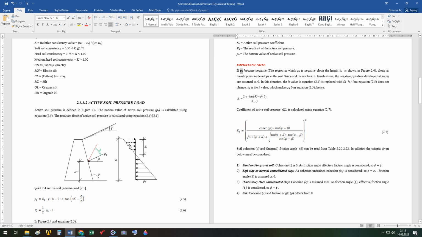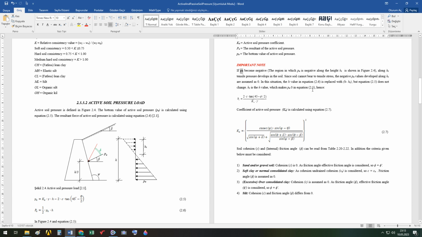You can check if tensile stress occurs or not from this formula. If HC has a positive value, from here we understand that tensile stresses develop in the soil.